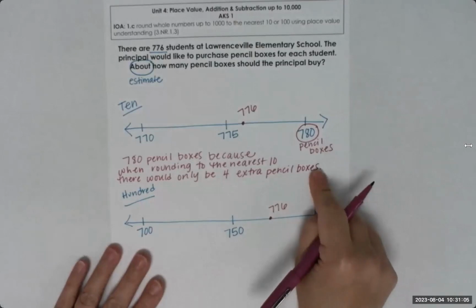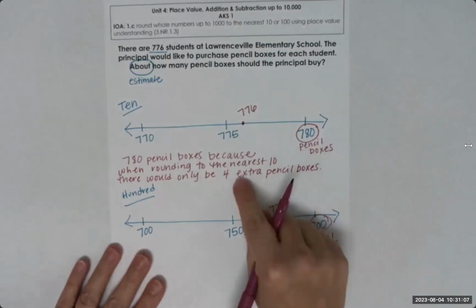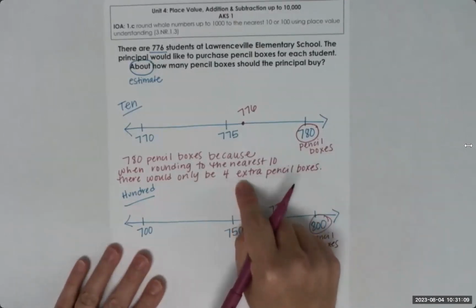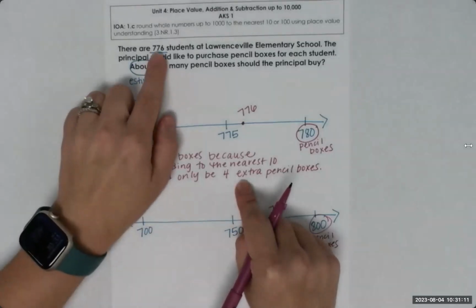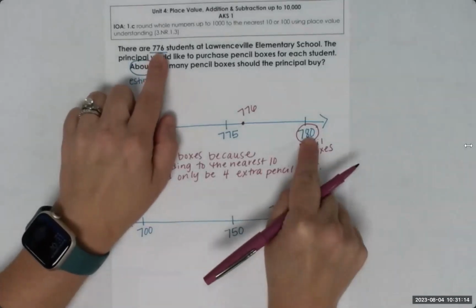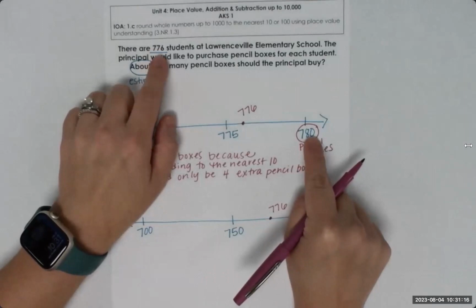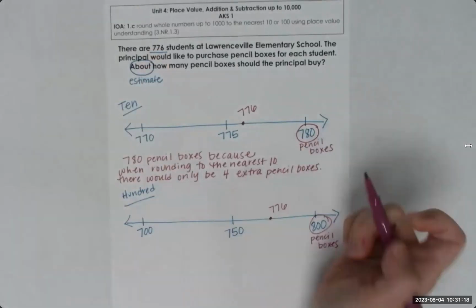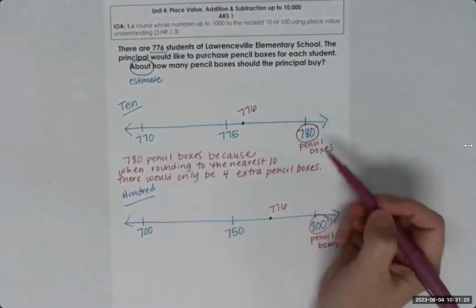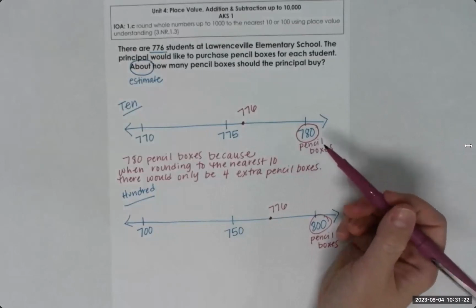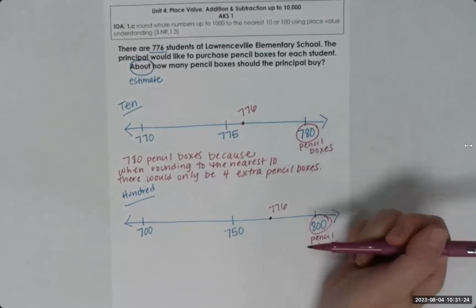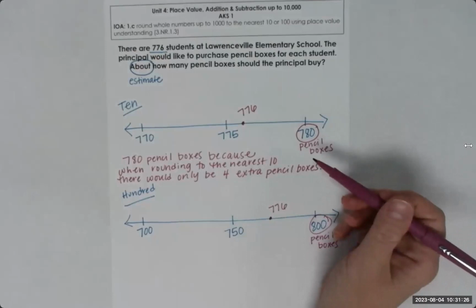Okay, it might be more cost effective. Now, why is that? How did I know there was only 4 extra pencil boxes? Well, I know that 776 is only 4 less than 780, right? So that would mean if I suggested to the principal to buy 780 pencil boxes, they would have 4 extra pencil boxes left over. This might be more cost effective.